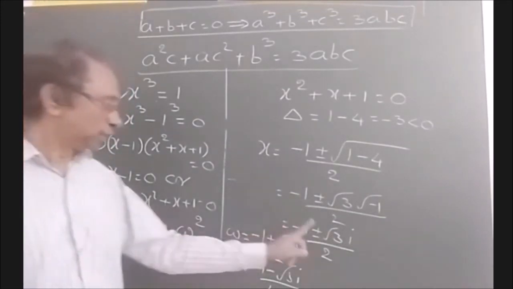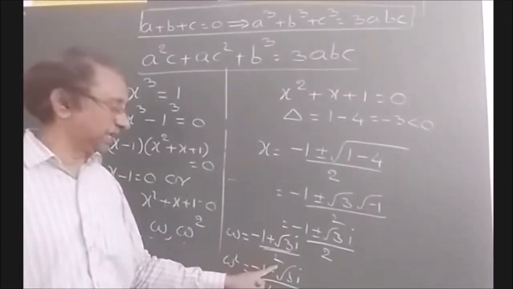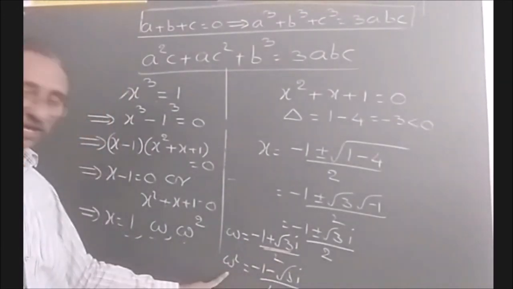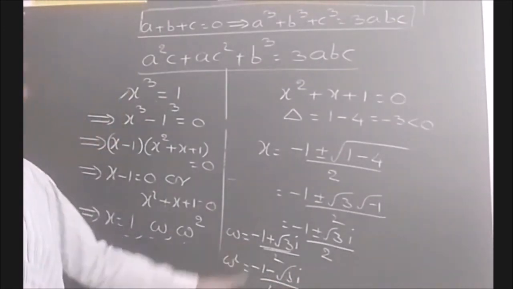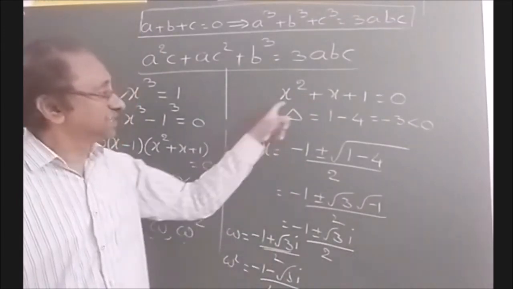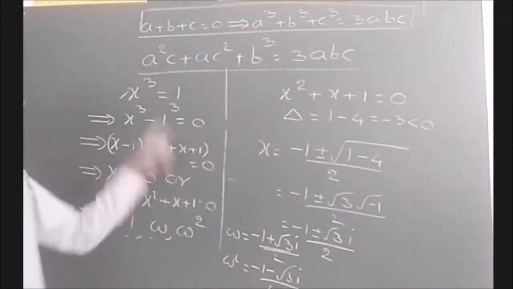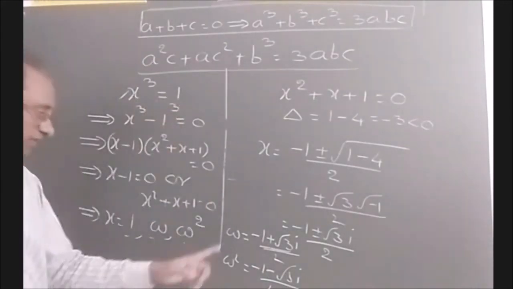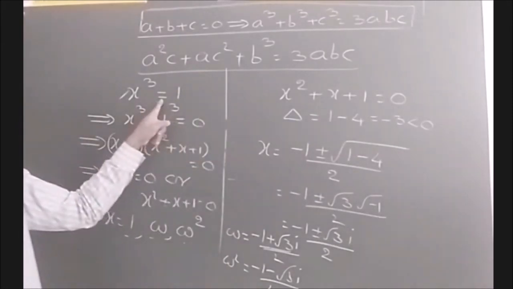Therefore, one is omega: remember that, minus 1 plus root 3 i by 2. And the other is omega square: minus 1 minus root 3 i by 2. Both the numbers are different. Those numbers satisfy this equation. Not only that, these two are cube roots of unity. That means if you cube this, you will get 1, and if you cube this, you will get 1.